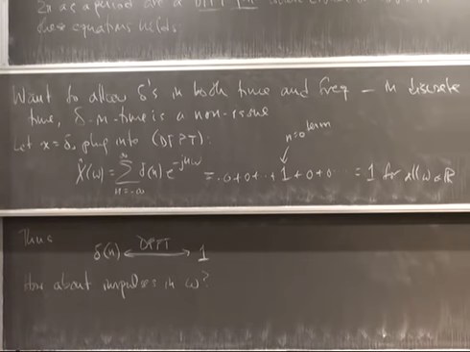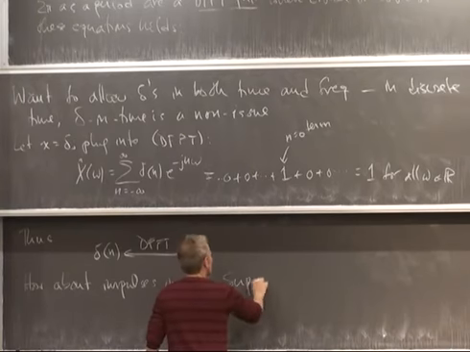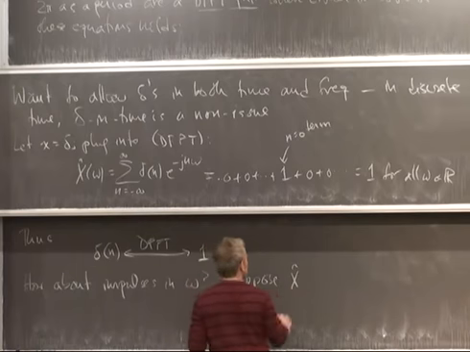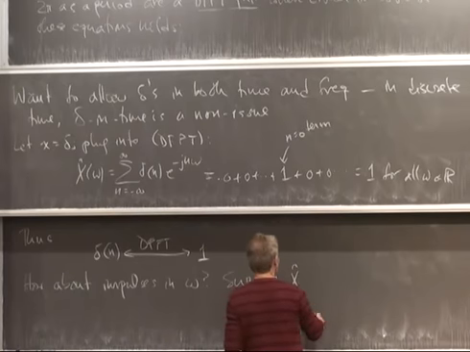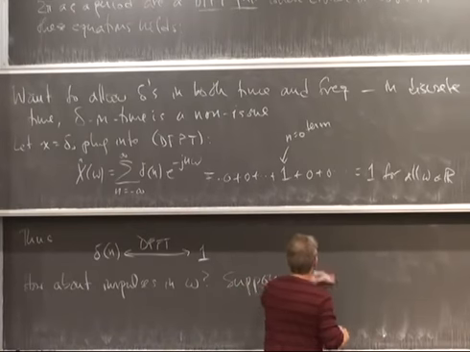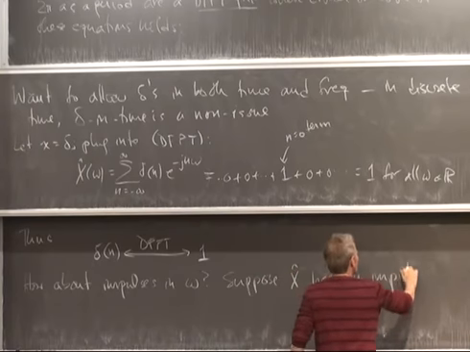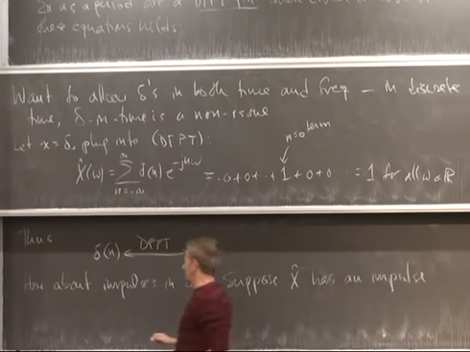What if I have a signal, or not a signal, but a function, x hat of omega, with one or more impulses in it? So suppose x hat is a function that has an impulse at omega equals, say, omega 0.